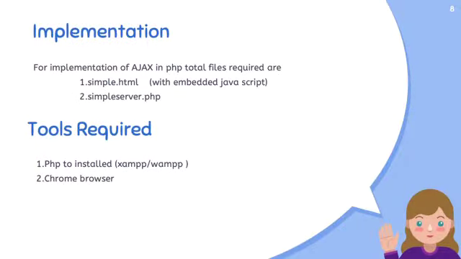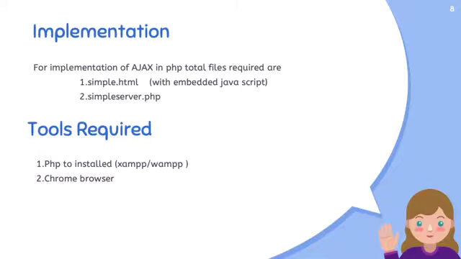What are the files we are going to create for implementing Ajax? In total we create 2 files. The first one I'm going to name simple.html, which contains a JavaScript where we create the XMLHttpRequest object, handler functions and state change comparisons.